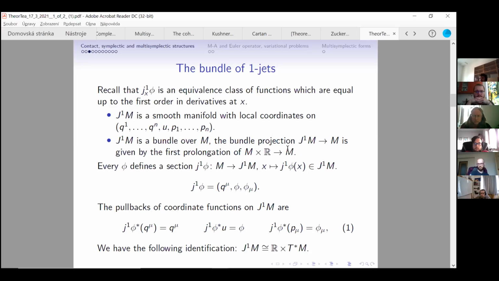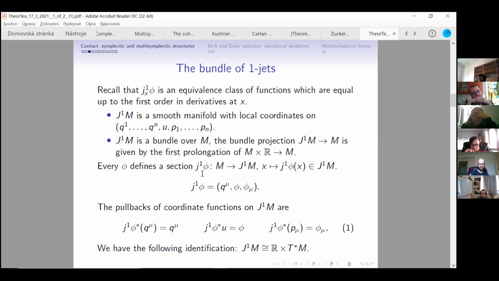We have a projection on M. We can consider the first prolongation, and this will be the projection from the space of all one-jets of smooth functions over M down to M. This is a very general thing. The similar idea holds also for higher jets, and there is some sort of hierarchy of projections, but we will not be dealing with higher jets at all. And this is the setup we'll be fixed on.